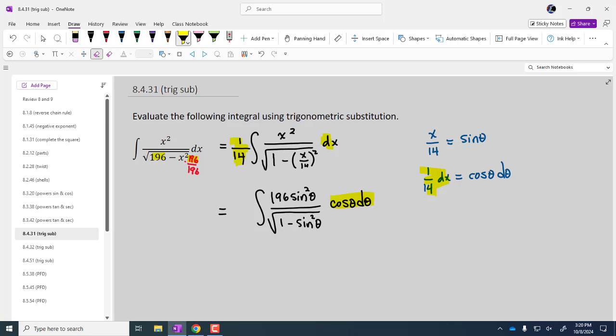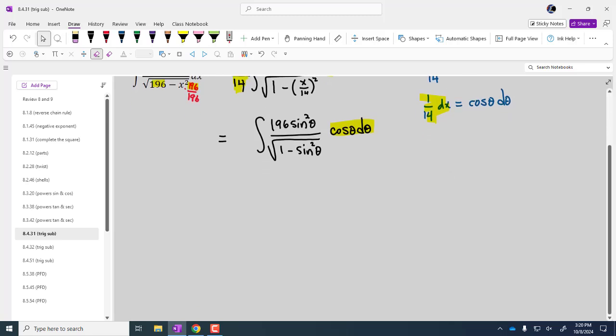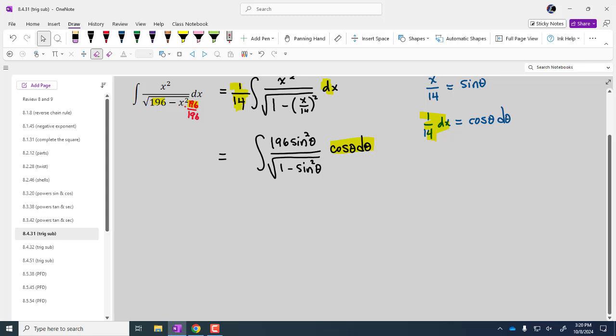X squared, we isolate x here, square both sides, we get 196 sine squared. Denominator, 1 minus sine squared in that square root. We take out 196 again? Yep.